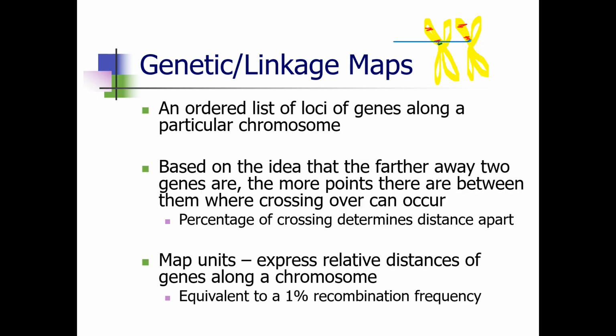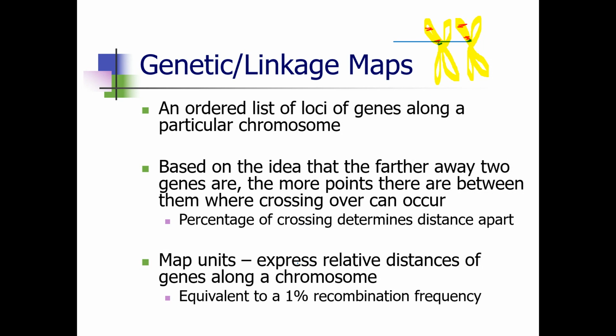Now, in this instance, there's a very good chance that if crossing over occurred, these two genes would stay together, okay? So the whole concept behind these linkage maps is that the closer two genes are, the less likely they'll be separated by crossover. The farther apart they are, the more likely they'll be separated when crossing over occurs.